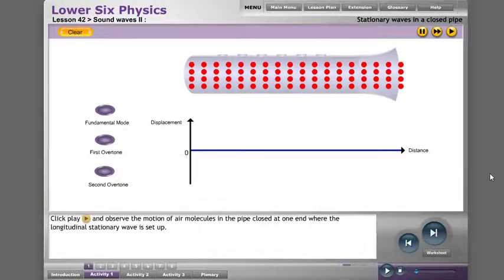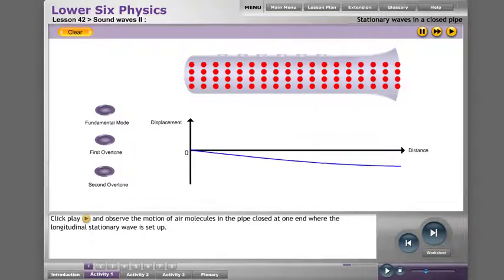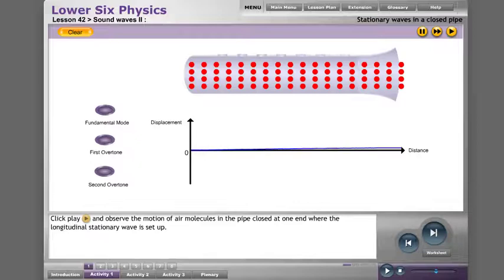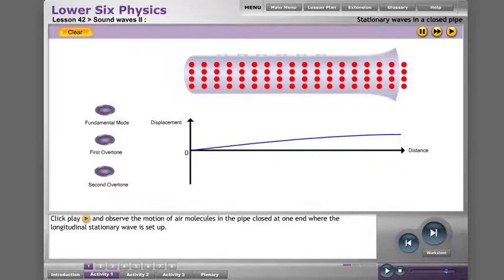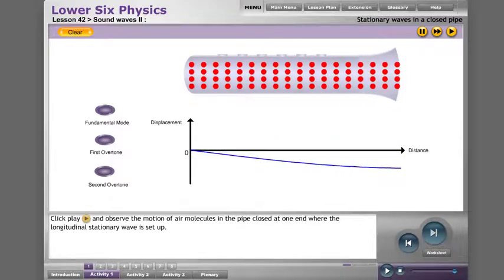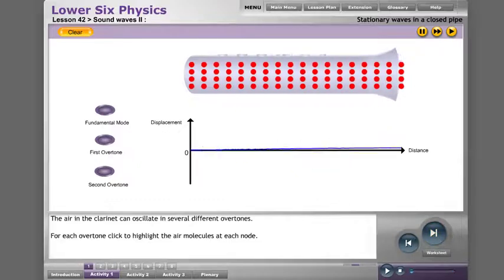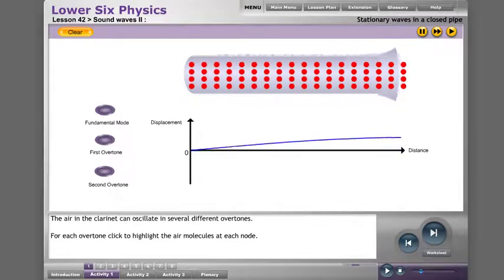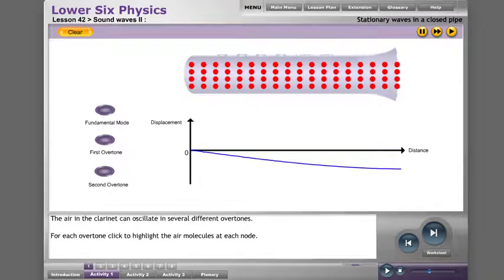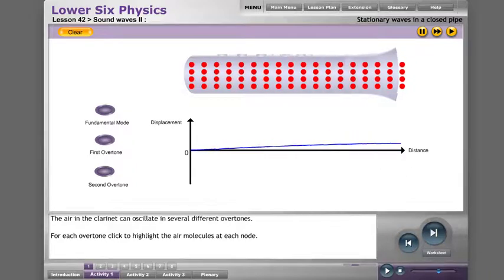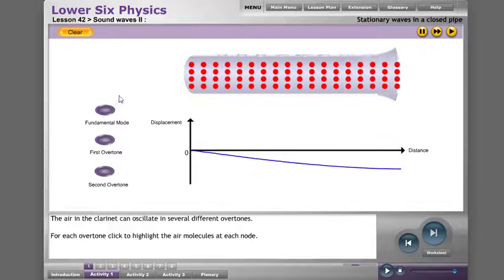Click play and observe the motion of air molecules in the pipe closed at one end where the longitudinal stationary wave is set up. The air in the clarinet can oscillate in several different overtones. For each overtone, click to highlight the air molecules at each node.